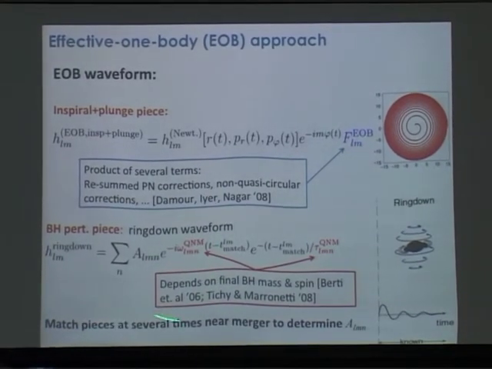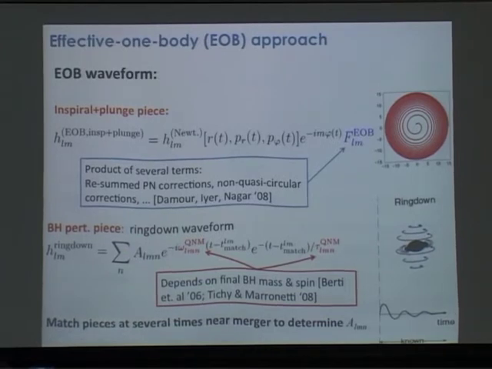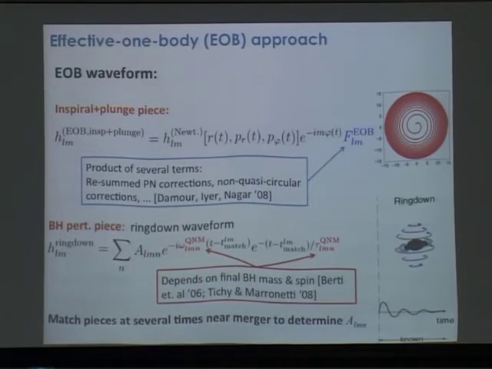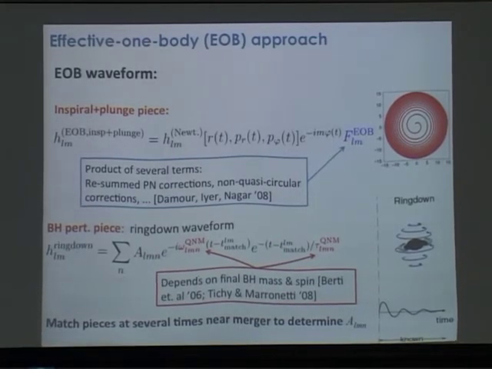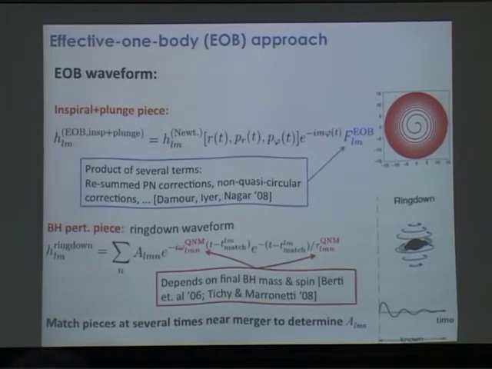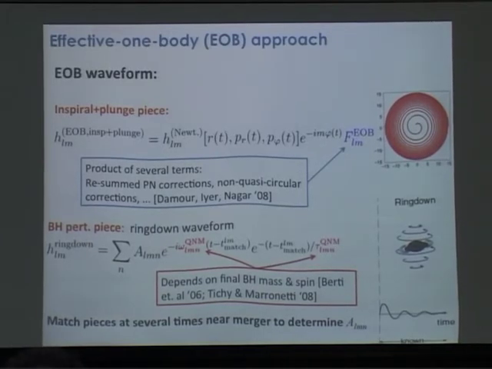What I don't know is what these amplitude coefficients are. But these are determined by matching this waveform to this waveform at some particular region near the merger. So in some matching region near the merger, I take this in-spiral plunge waveform and I take this ring-down waveform and I match them, and that gives me these coefficients. So now I have the entire waveform, in terms of solving this complicated ODE.